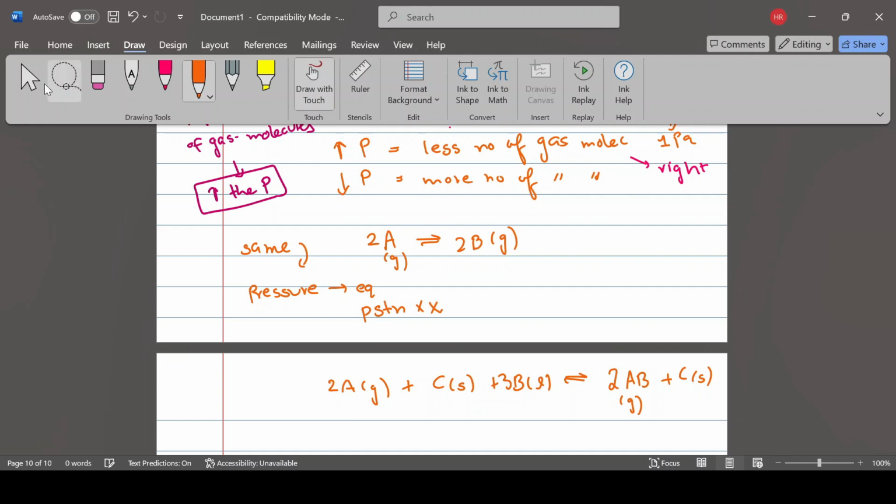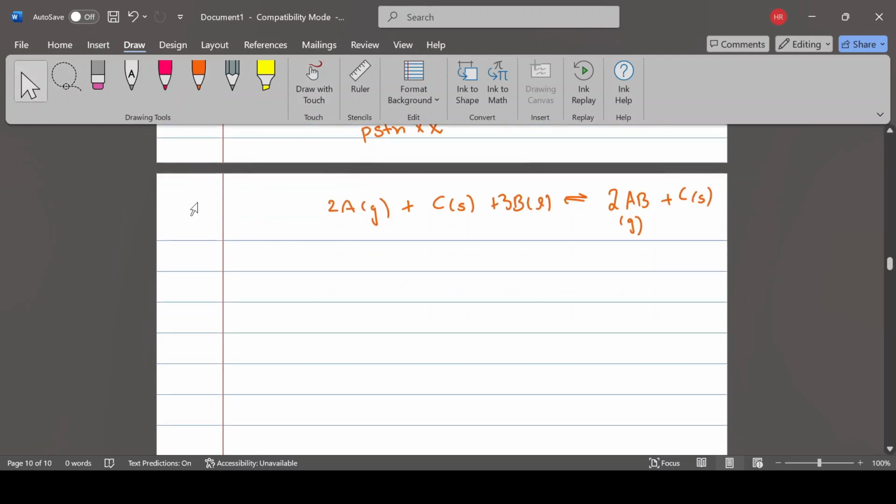Now in this case, can you tell me the number of gaseous molecules present on the left side? 2 moles. 2 molecules are present on the left side.